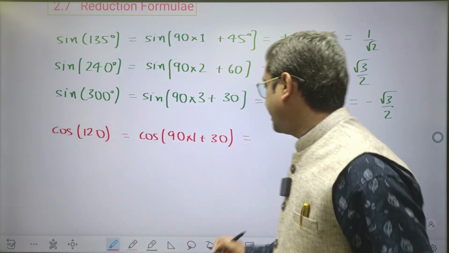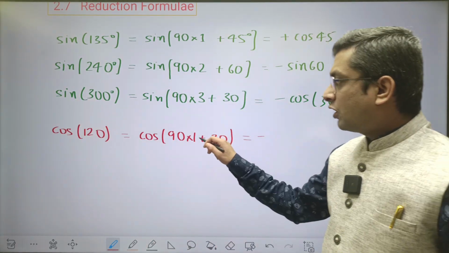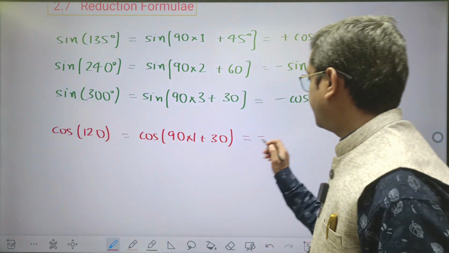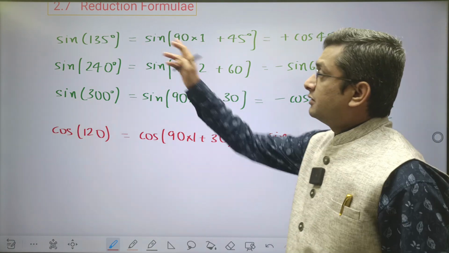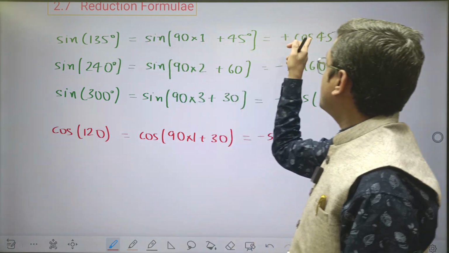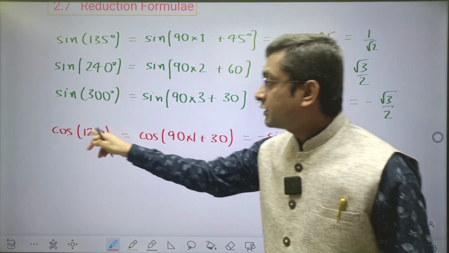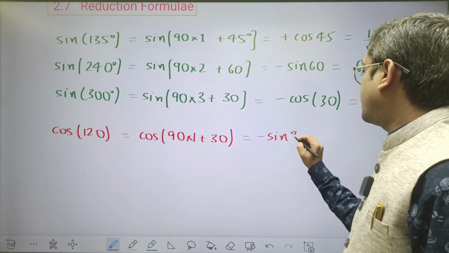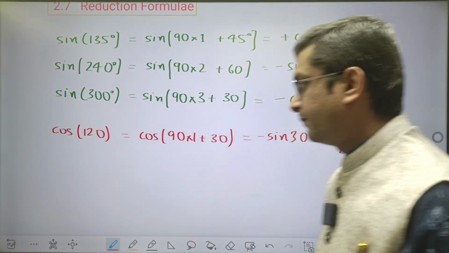So cos will be negative in the second quadrant, so put a negative sign here. Then it is an odd multiplier of 90. It means that cos gets converted into sine, like sine converted into cos whenever there is an odd multiplier. In the same way, cos is converted into sine whenever there is an odd multiplier. And you are left with sine 30.